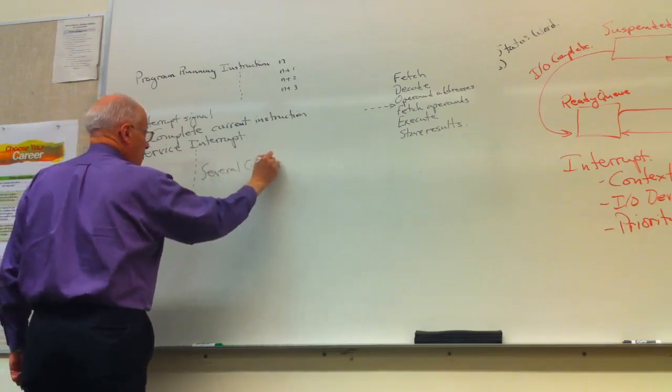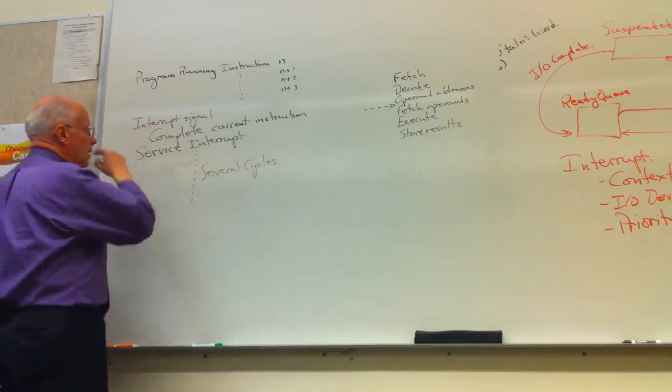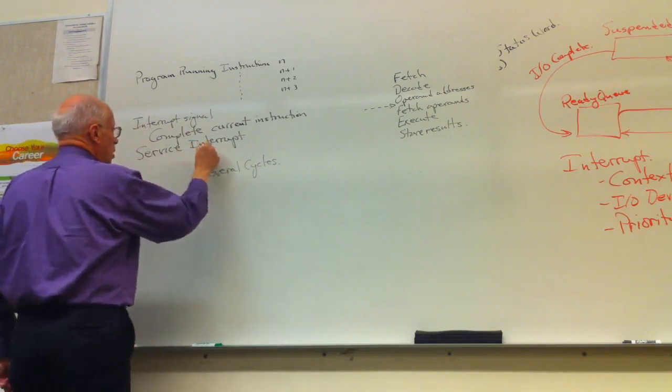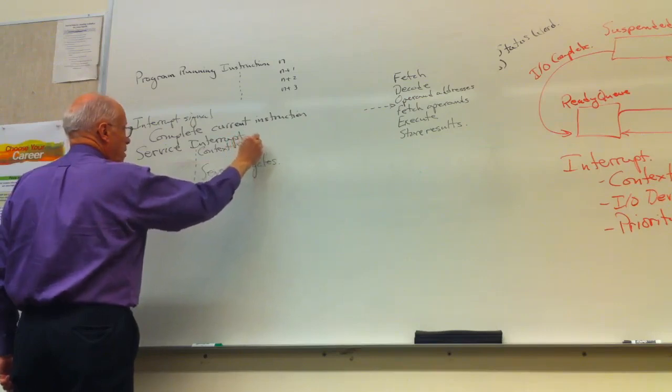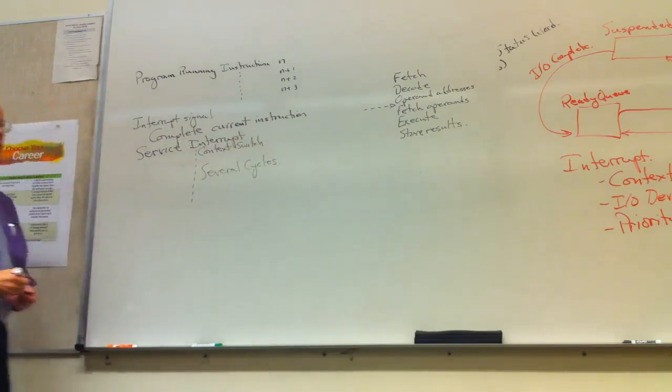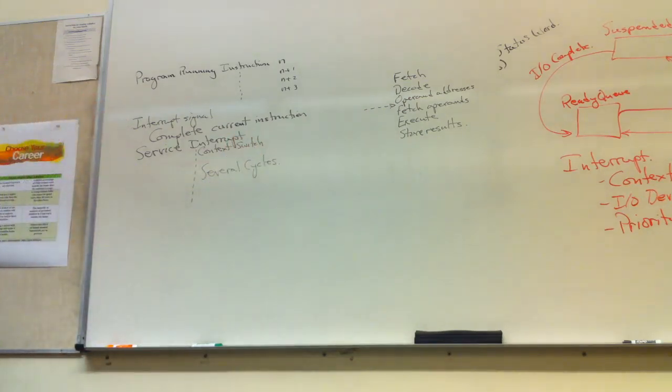It actually goes through a complete context switch. Because the interrupt service routines, just like any program, are going to be working with the registers, with the program counter, all the rest of that. They're just programs. It's really all they are.